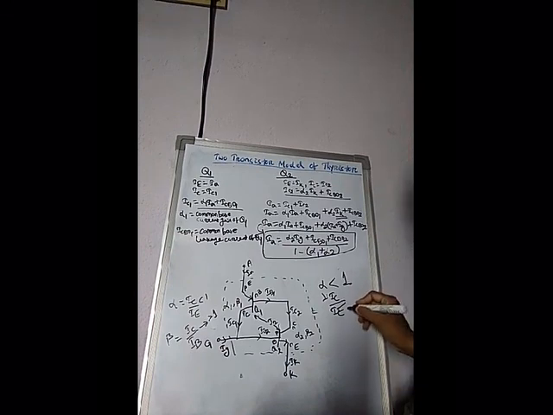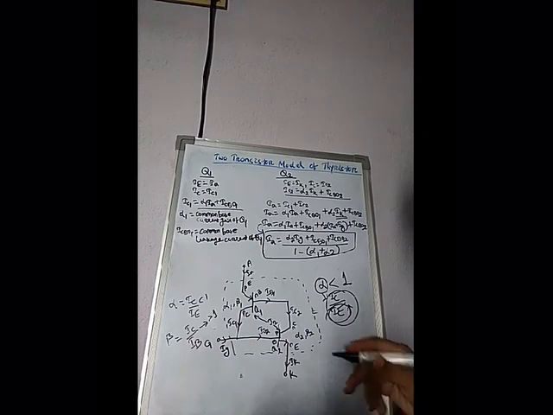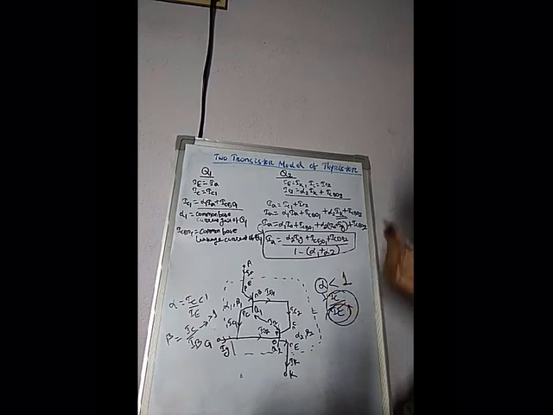That means when emitter current value is minimum, then alpha value is also minimum. So if I increase this IE term, then the whole IC by IE term will increase. That means alpha will increase, alpha builds up.